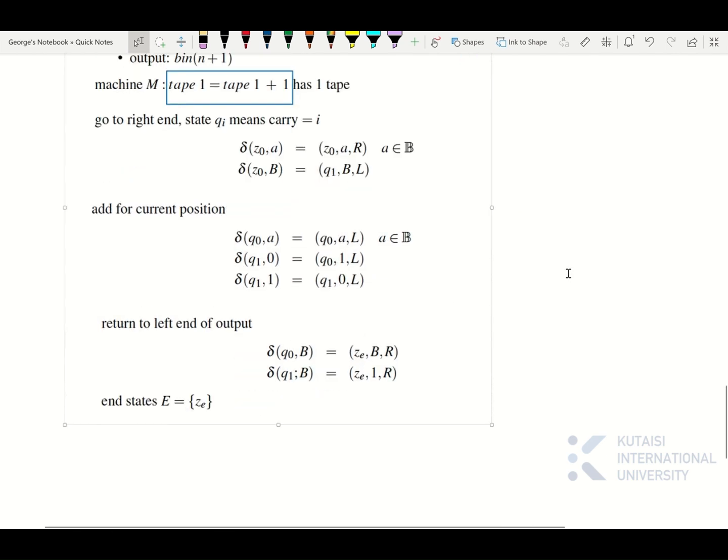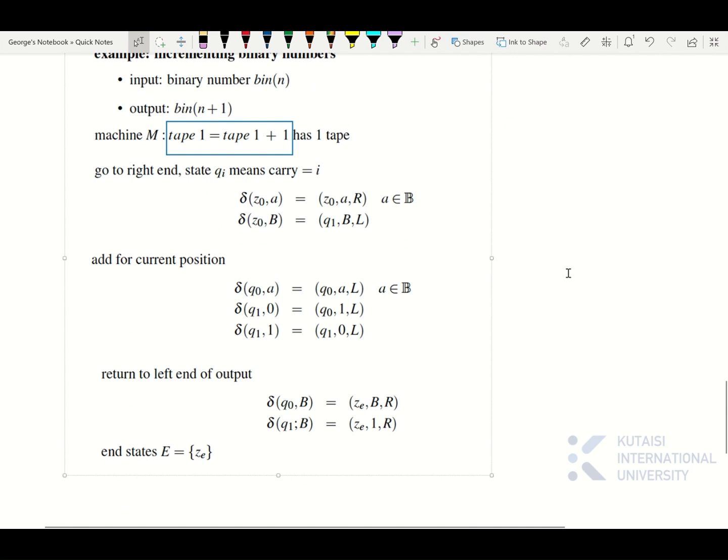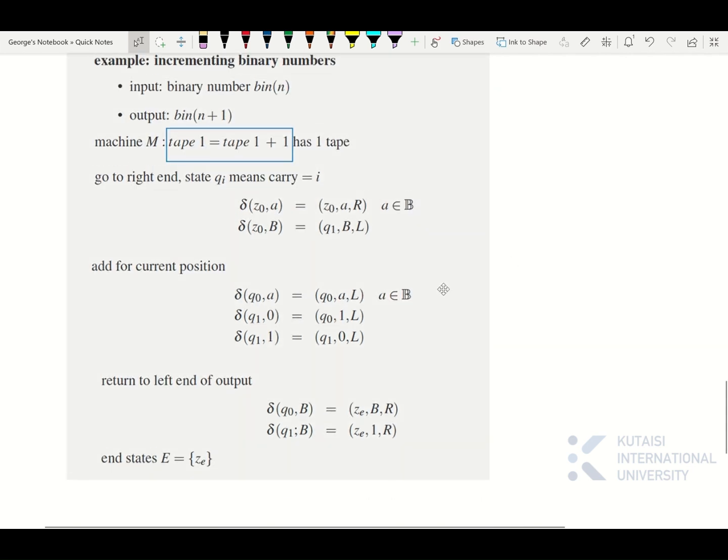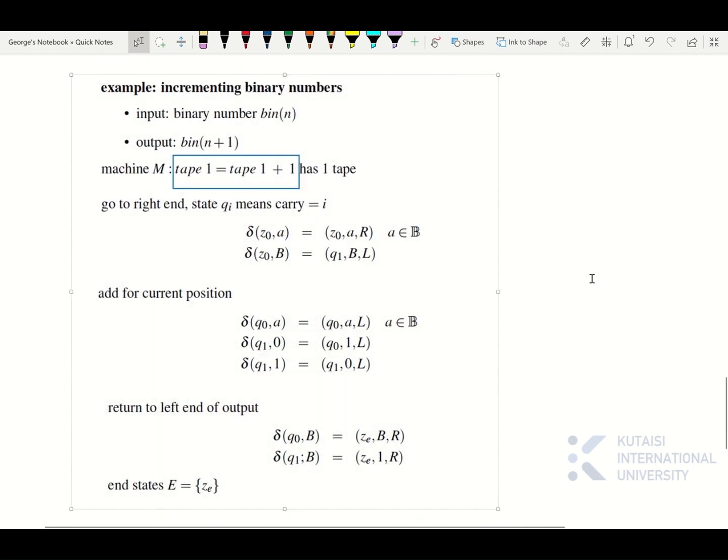It takes a binary string as input and outputs it plus 1. Of course the binary string is just a number, so it's incrementing a binary number. Basically what this is doing is computing the function successor. But for now we're just adding 1.